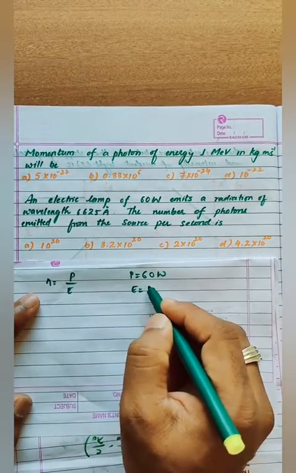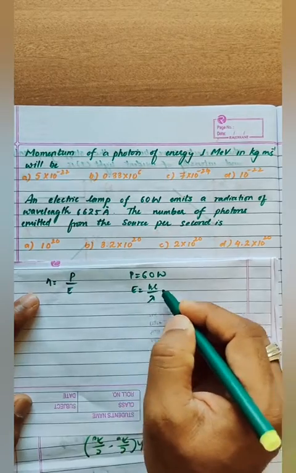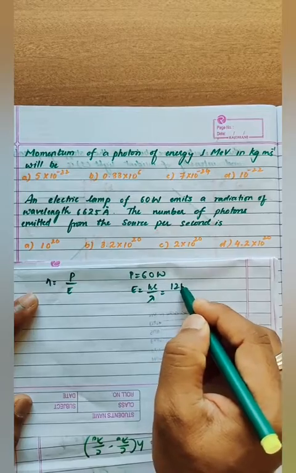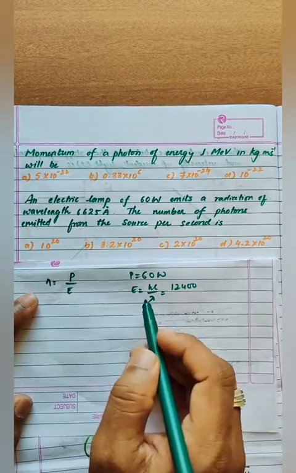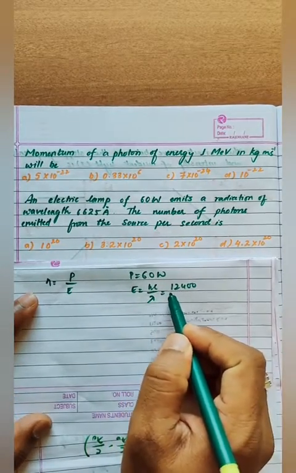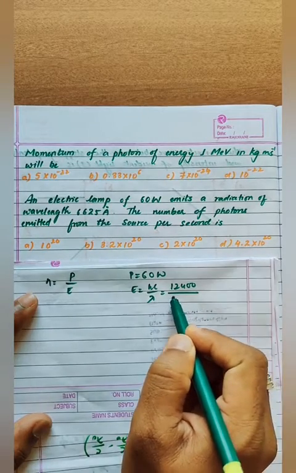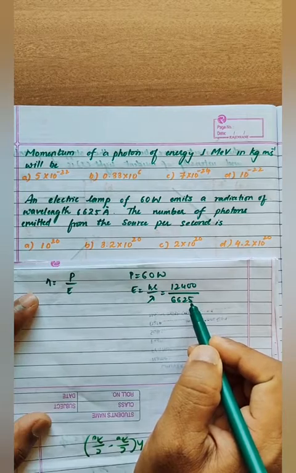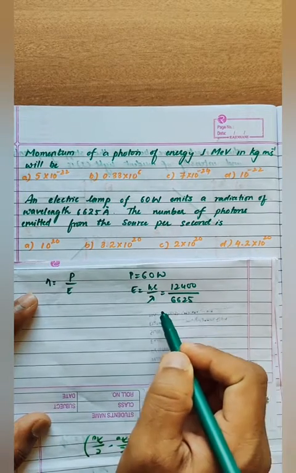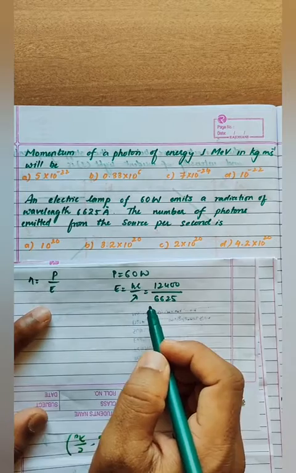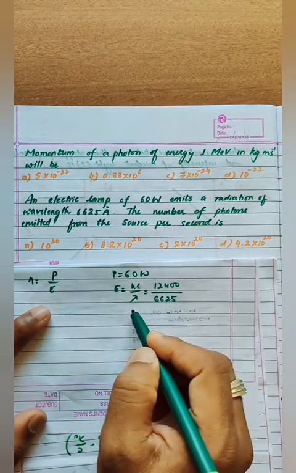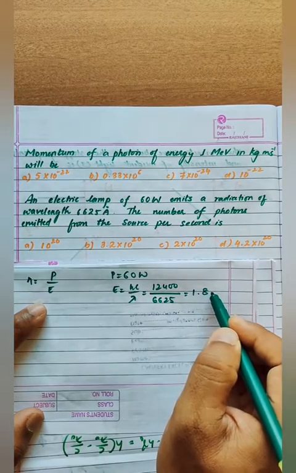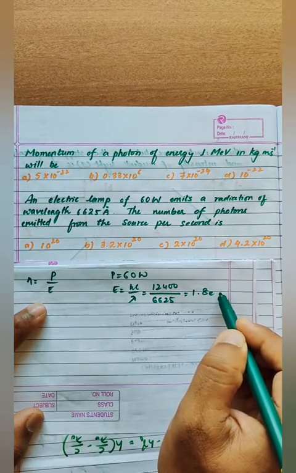So energy is hc by lambda. Anyway, they have given in Angstrom, so we can directly take 12,400 divided by 6,625. Now if you calculate this, you get around 1.8 electron volt.